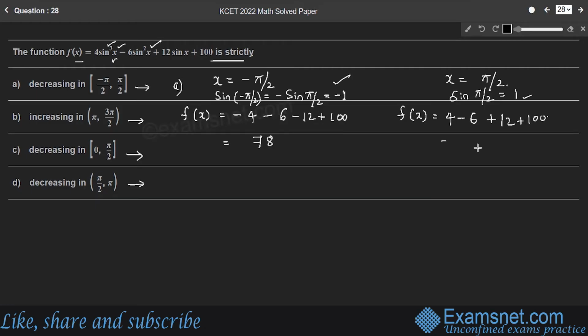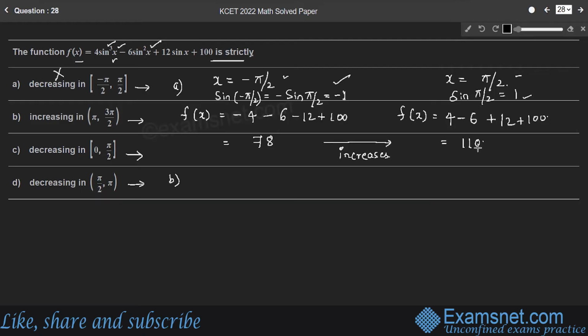Therefore, we have 110. So in this range, minus pi by 2 to pi by 2, the given function increases. The value of the function increases. According to option A, it is decreasing in this range, which is false. So option A is not the answer.